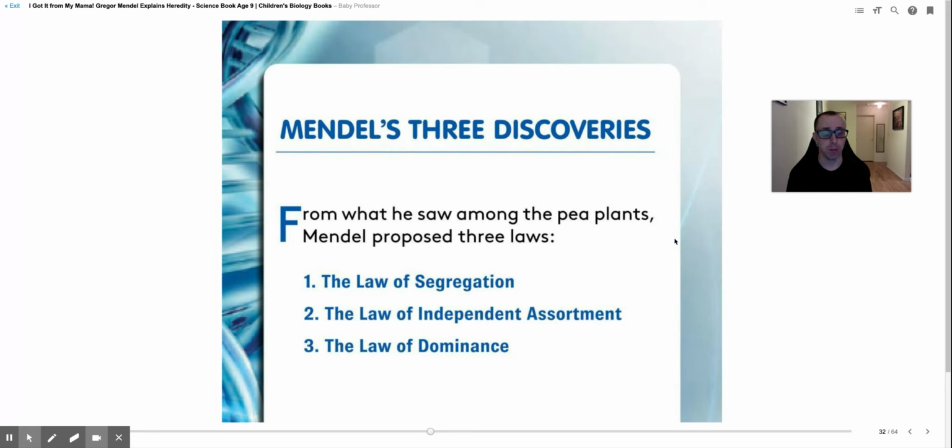For example, your brown hair and your brown eyes, or your blonde hair and blue eyes, they are independent of each other. You get them separate from each other. They are not connected. And then independent assortment means that you can get any combination of these traits. So let's keep these things in mind as we read today.